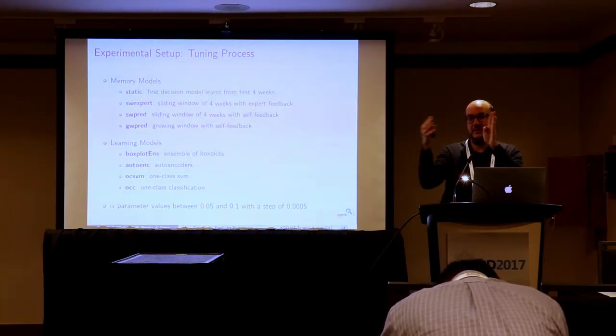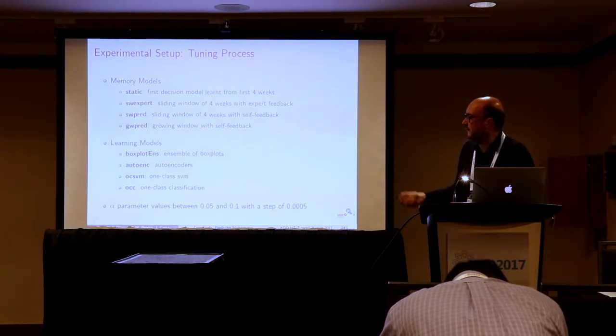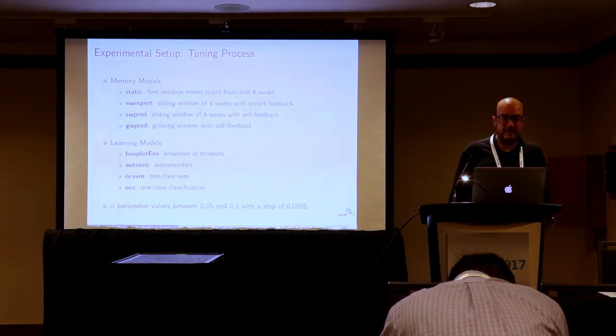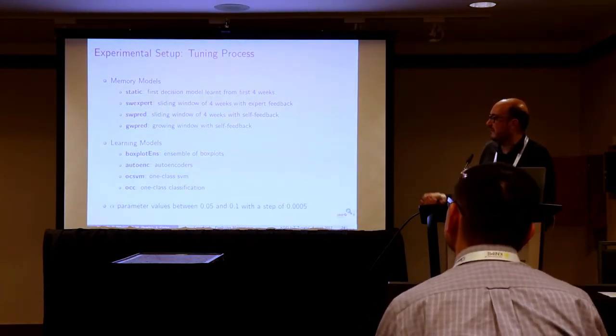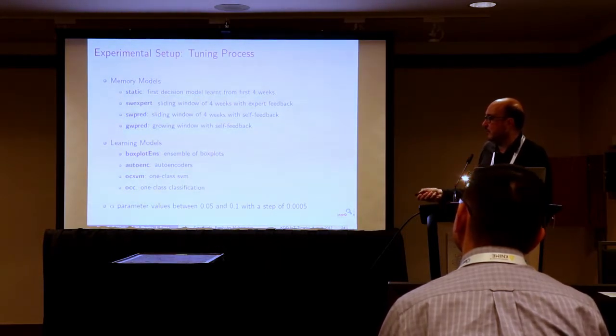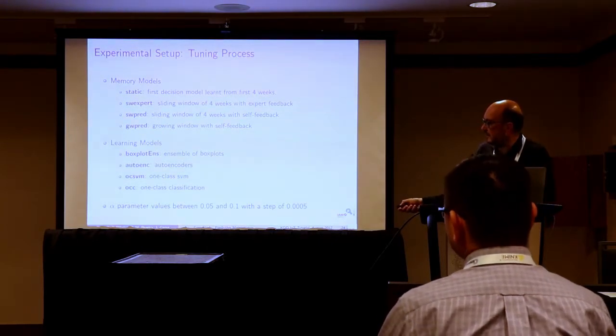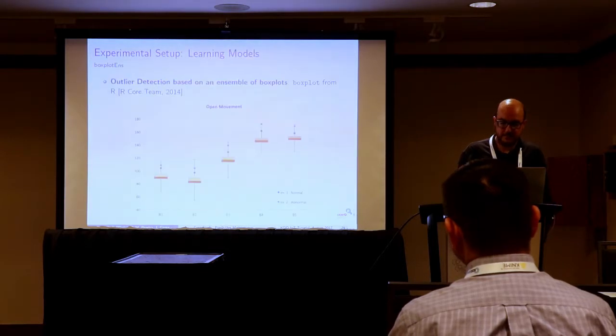So it's growing, but in that case you're using self-feedback. And the learning models are going to be this ensemble of box plots, which is a statistical method, autoencoders, and online classifiers. Then we switch the alpha parameter between these values to see how it works.